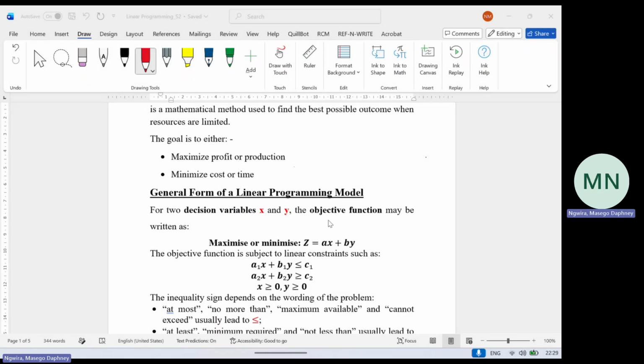And then we have our objective function. The objective function is a linear function that represents the quantity to be maximized or minimized.